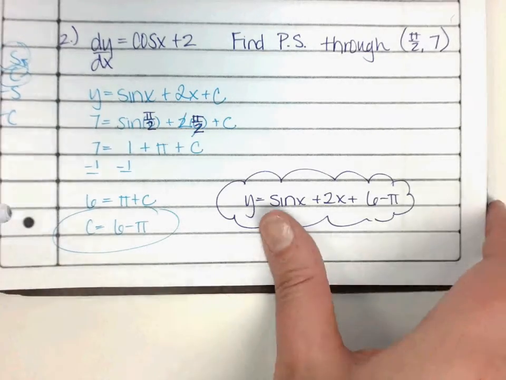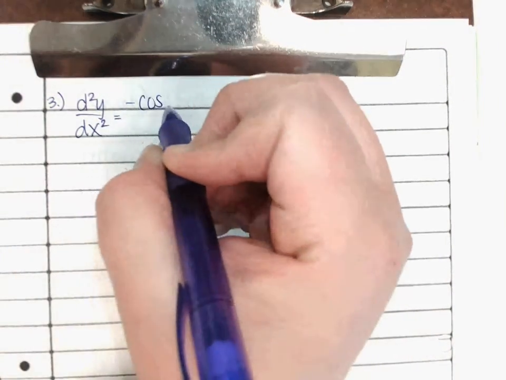Okay, alright, back to your notes. 2 more. And then we're moving on. Okay, the third one. d squared y/dx squared equals. We did 2 of them.